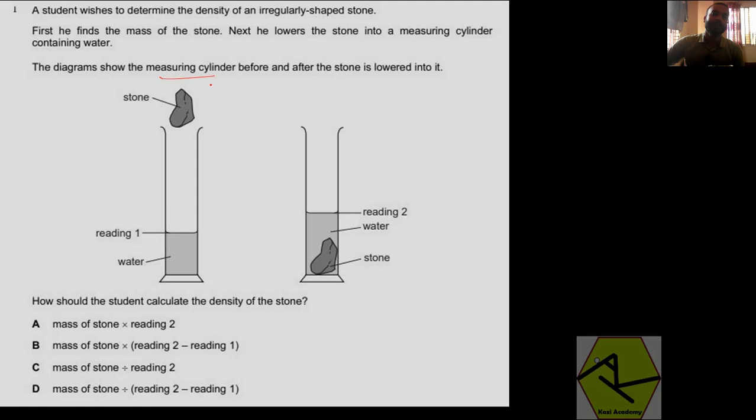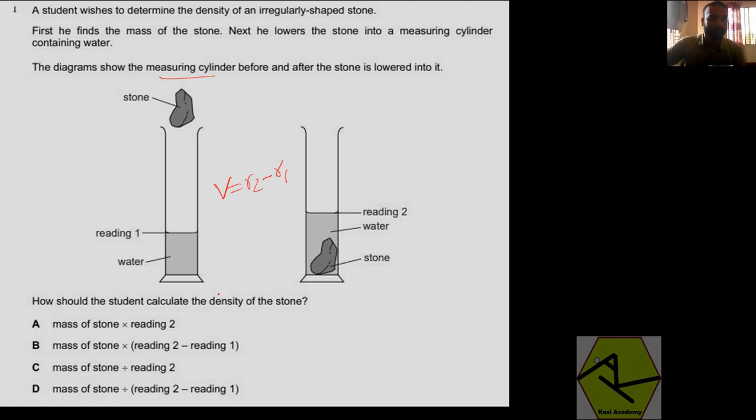So this is the measuring cylinder, with a reading before lowering the stone, and after lowering the stone, the reading 2 is another reading when the level of water will rise up, and the difference between these two readings will give the volume V. So volume V equals to reading 2 minus reading 1.